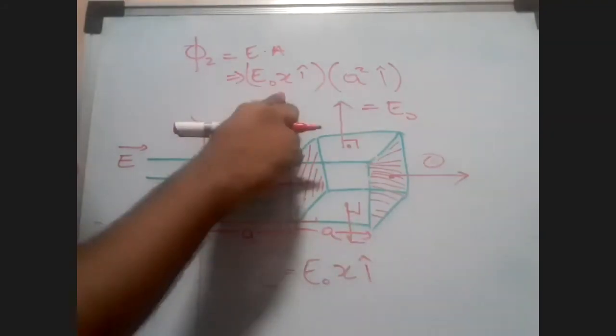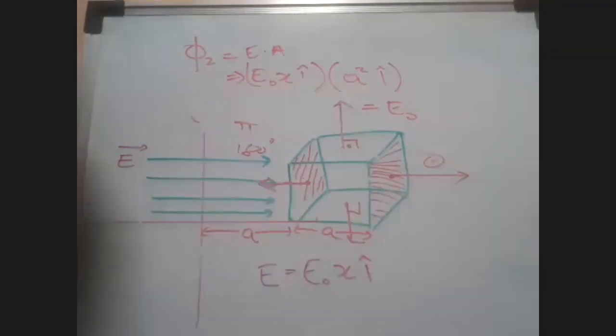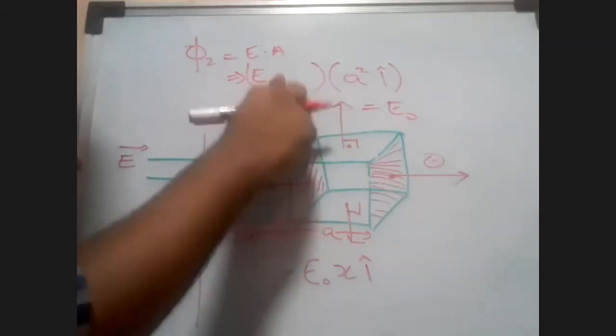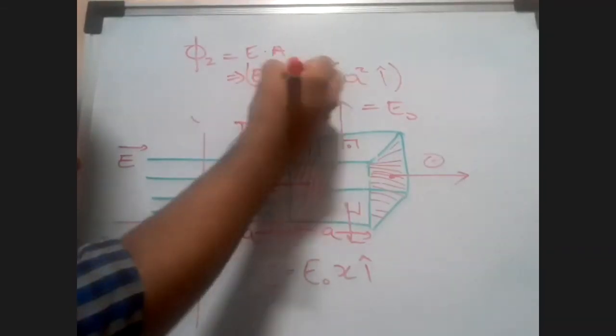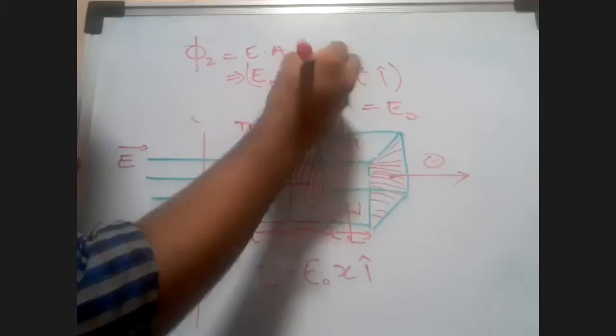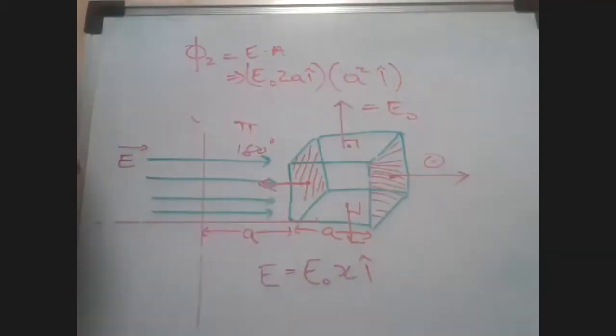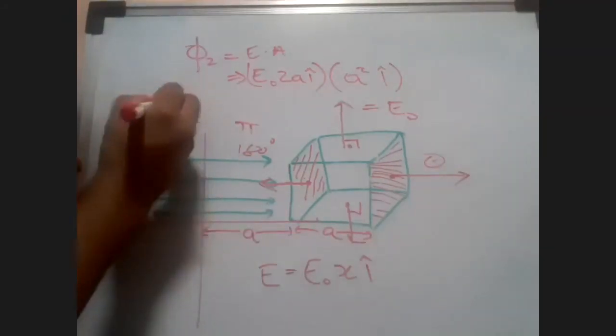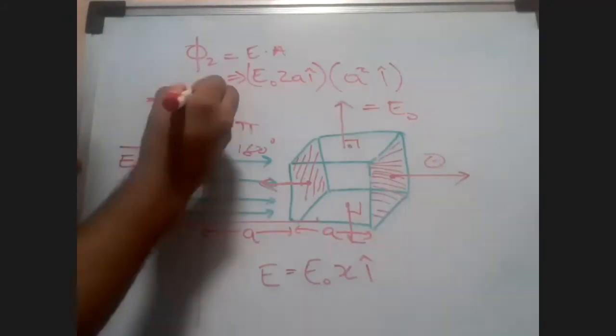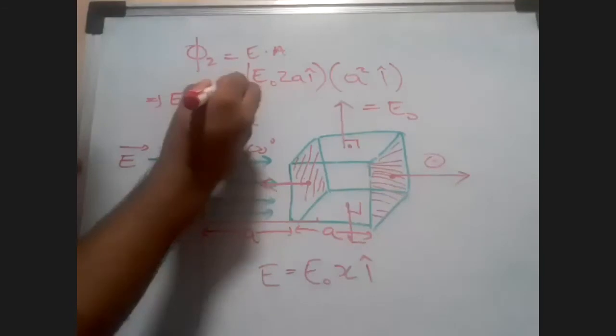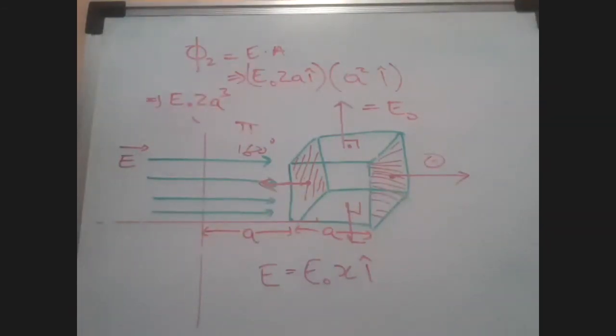So we are going to replace x with 2A i cap. And so E naught 2A into A square is going to give you E naught 2A cube.